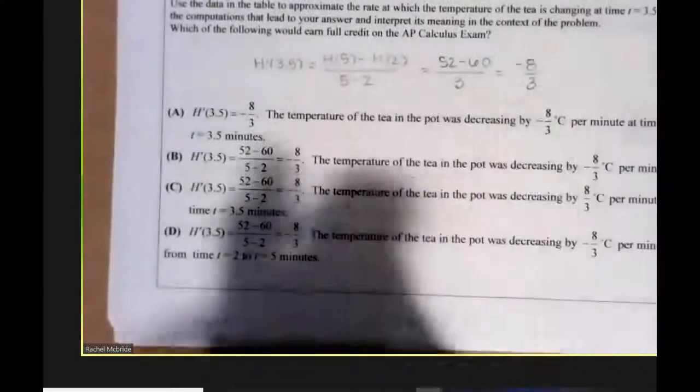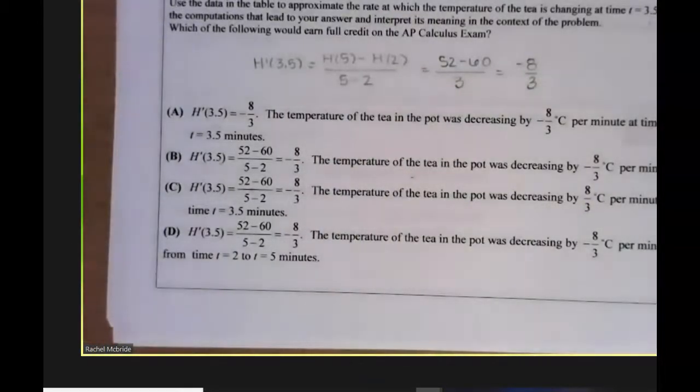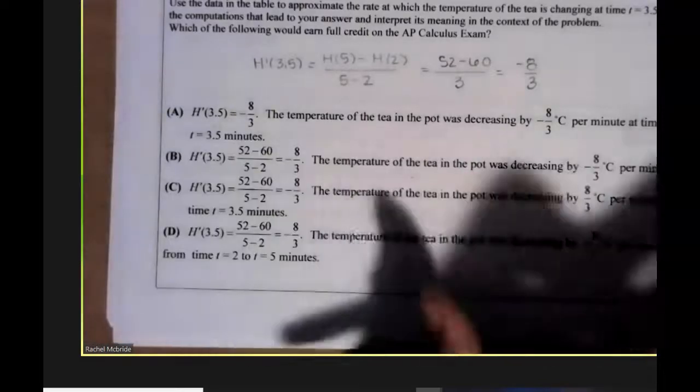So that hurts me and helps me, right? Because almost every answer choice has that. So it's really about interpreting what each answer choice is saying.